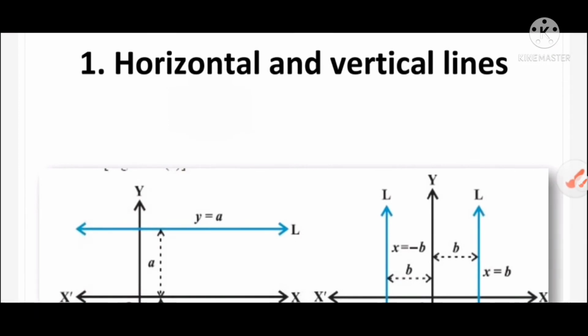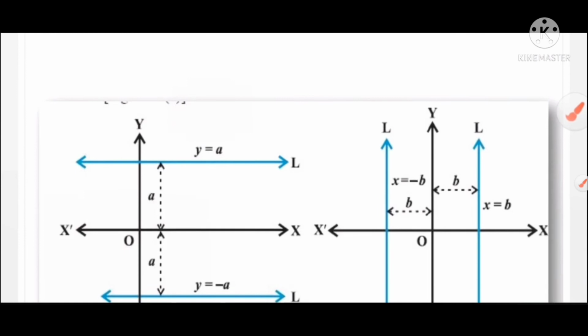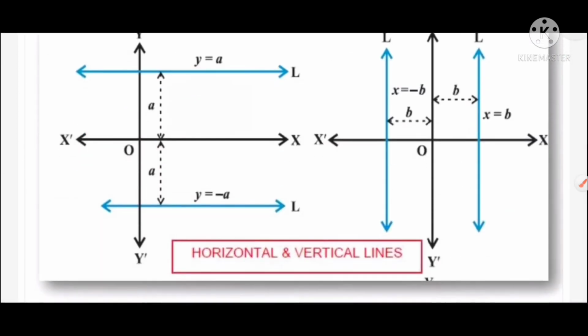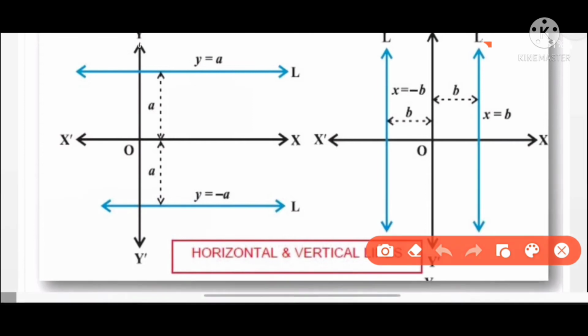Horizontal and vertical lines. A line parallel to the x-axis or a line parallel to the y-axis. A line parallel to the x-axis is a horizontal line and a line parallel to the y-axis is a vertical line.